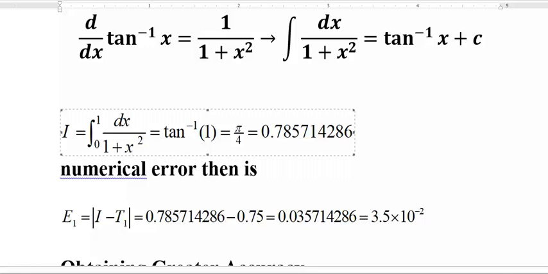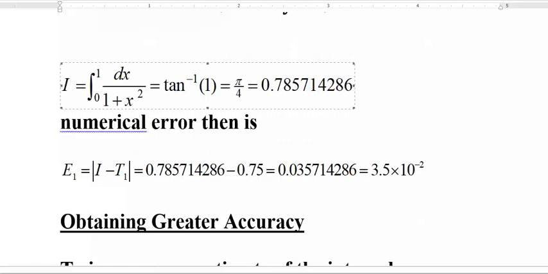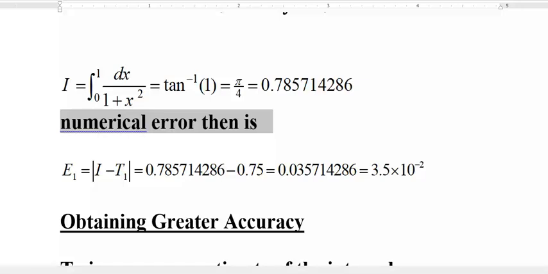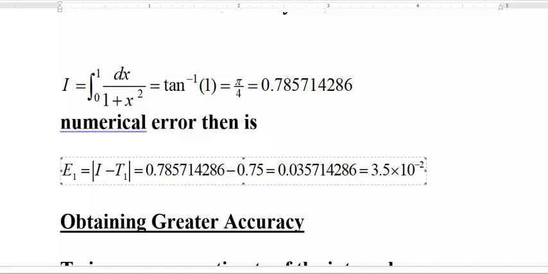So the numerical error is the subtraction of the exact solution from the numerical solution, or the opposite, so we take the absolute value. Here is 0.75, the numerical solution, and here is the exact. We subtract, and the result is 0.035, or 3.5 times 10 to the power minus 2.